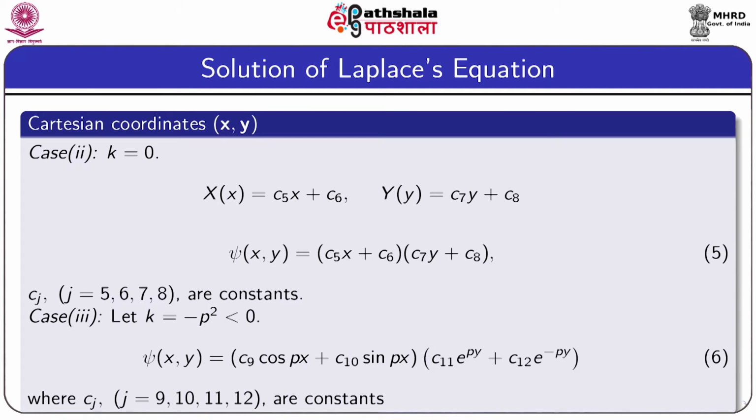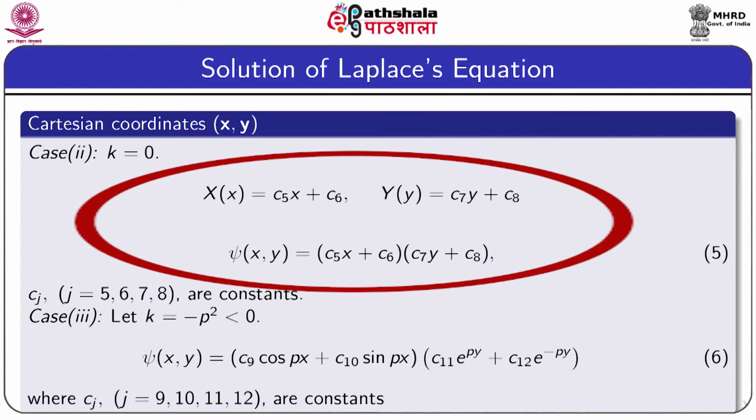Now, come to the case when k equals 0. When k equals 0, the equation becomes d²X/dx² equals 0. So, its solution is C5 x plus C6, and the y equation becomes the same form, d²Y/dy² equals 0.